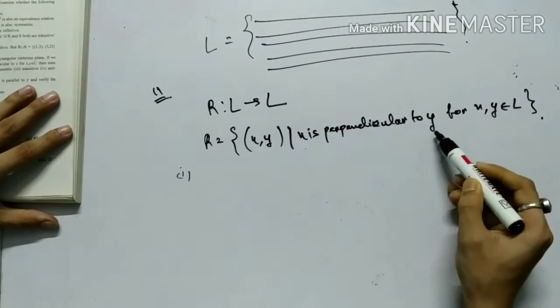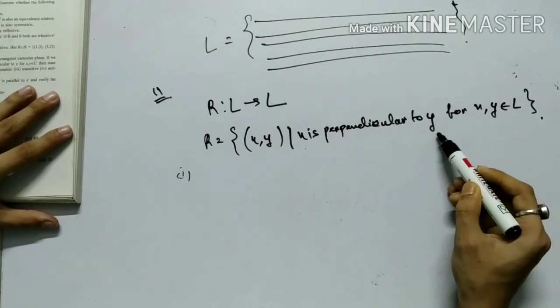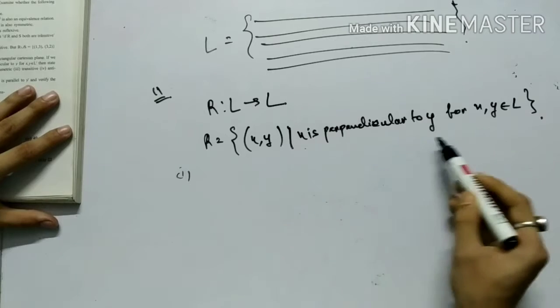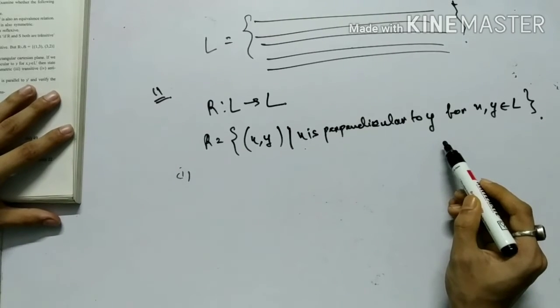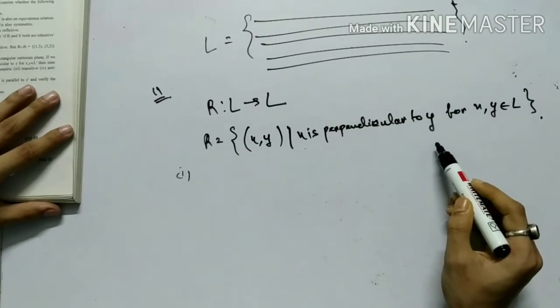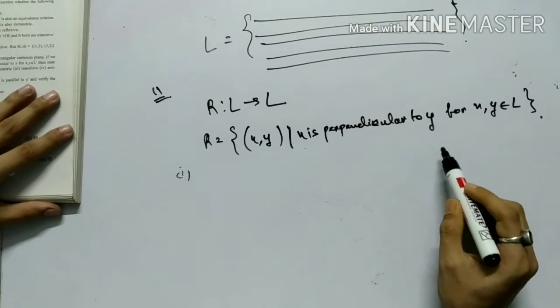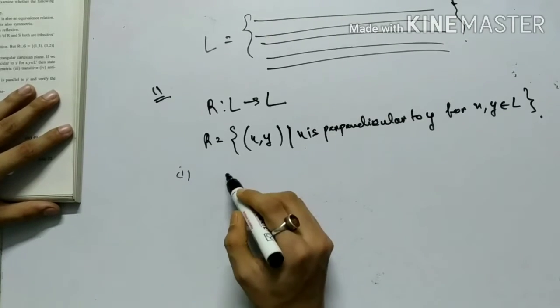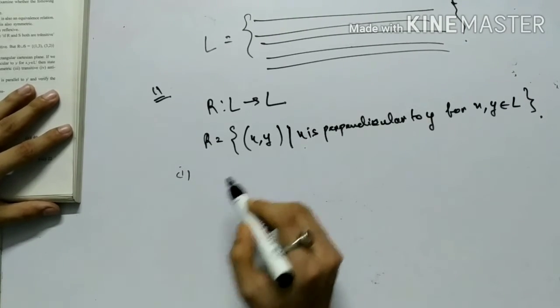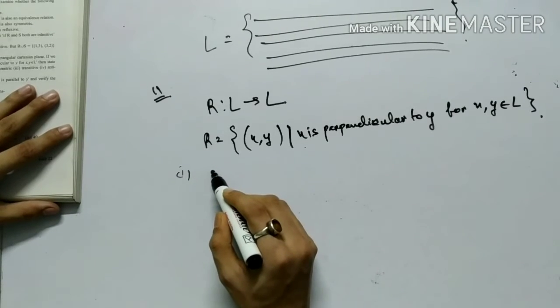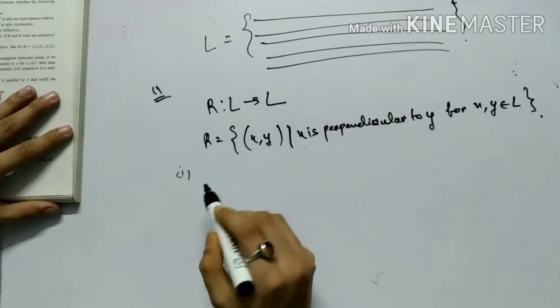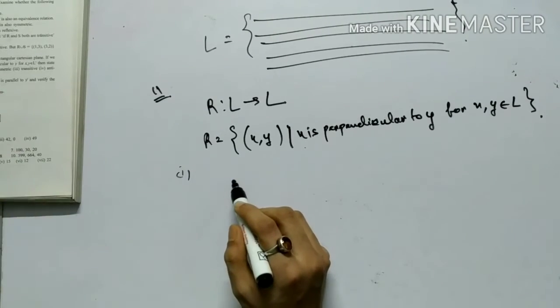Now x is perpendicular to y. First of all, I have to show whether R is reflexive.